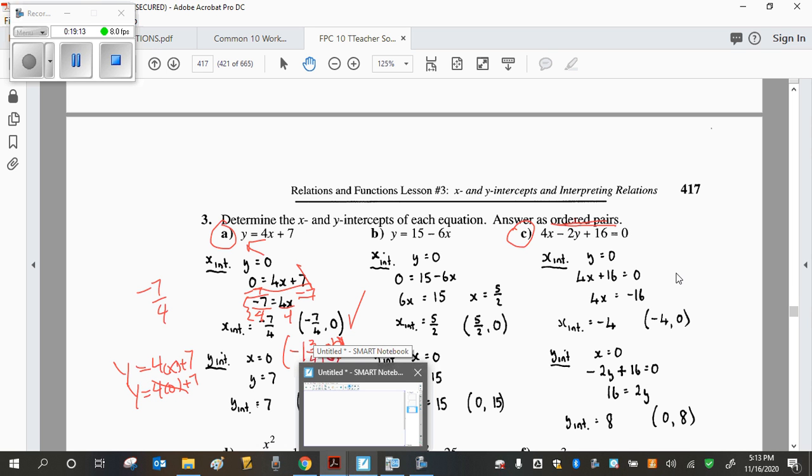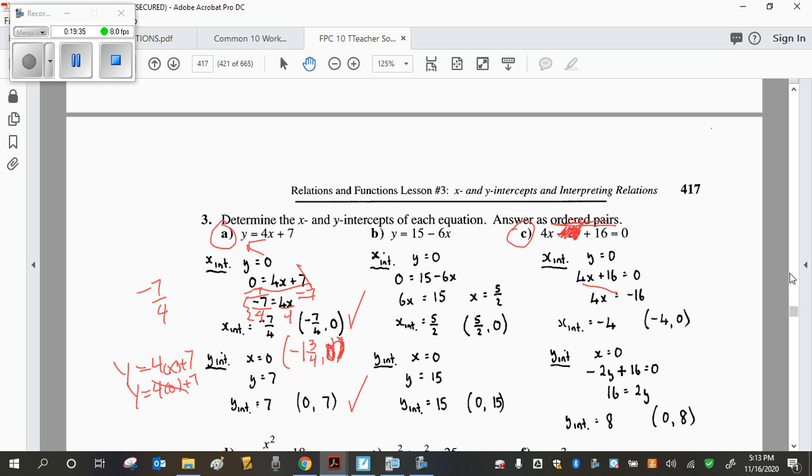And over to C. And you know what? Let's see another way of doing this, if this helps you visualize it. When you find the x-intercept, that means there is no y term. So if you just do that, because it equals 0, that's what you have to solve. 4x plus 16 equals 0.